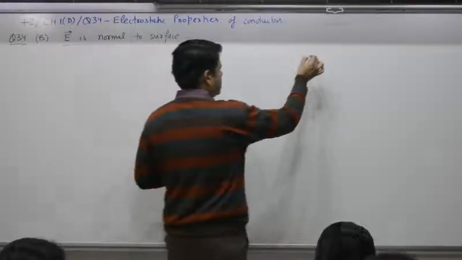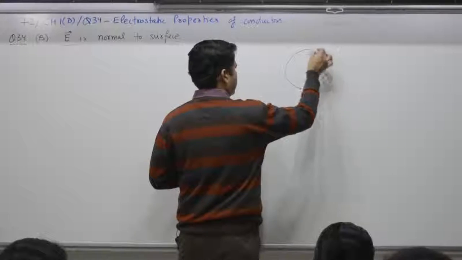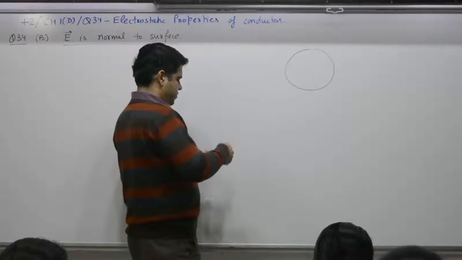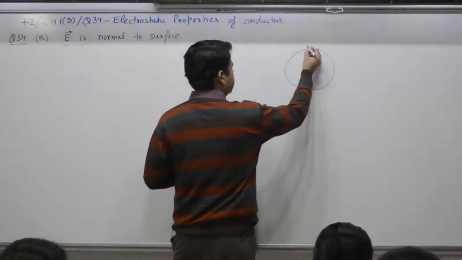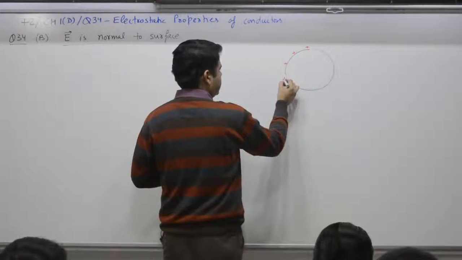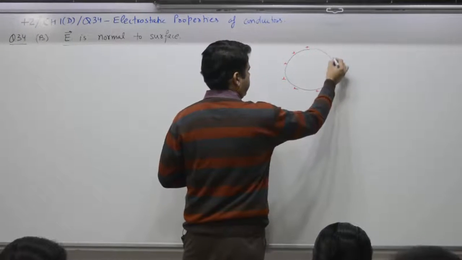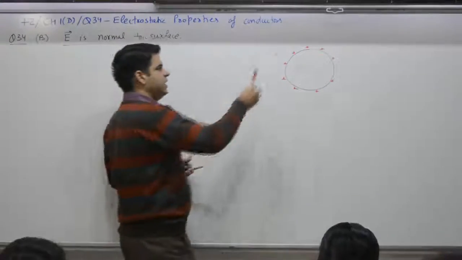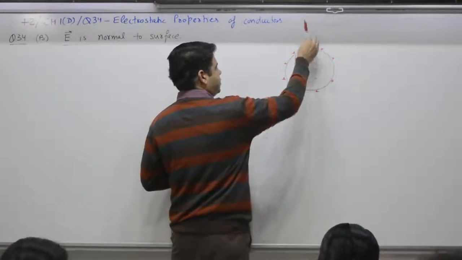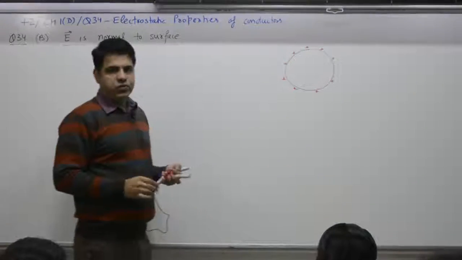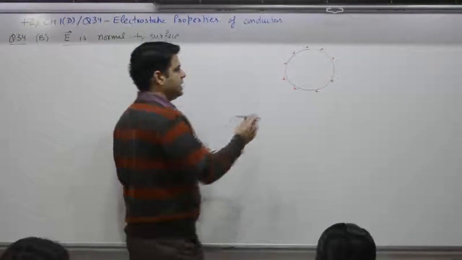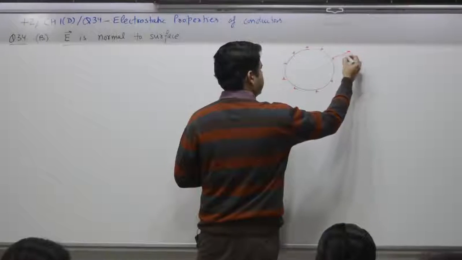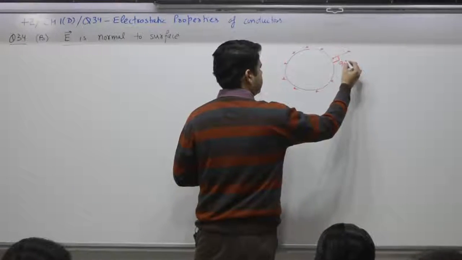So there is an object, say a sphere. On this sphere, you place some charge. We want to prove electric field E is normal to the surface. Field lines leave the surface normally. This is what we want to prove.